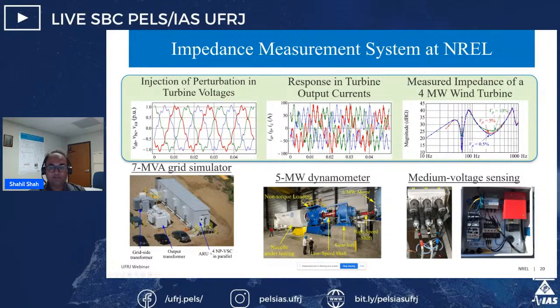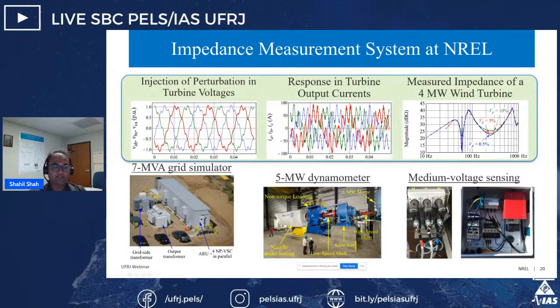It will also have a fundamental component based on the active and reactive power output at its terminal, but it will also respond to the perturbation that we are injecting in voltages. And a transfer function, basically the magnitude gain between voltage perturbation and current perturbation, and the phase difference, will give me the impedance at that frequency.